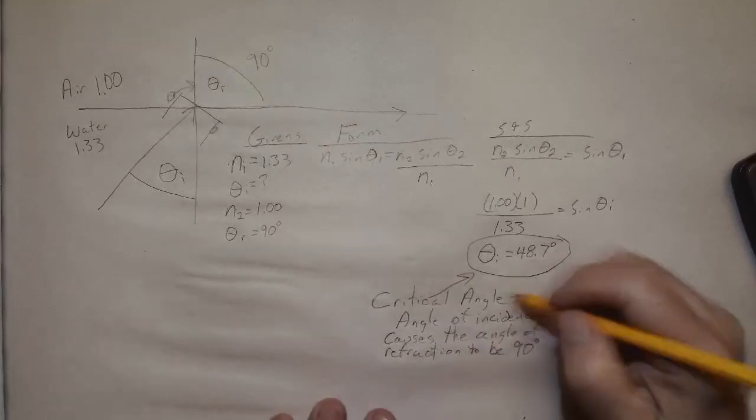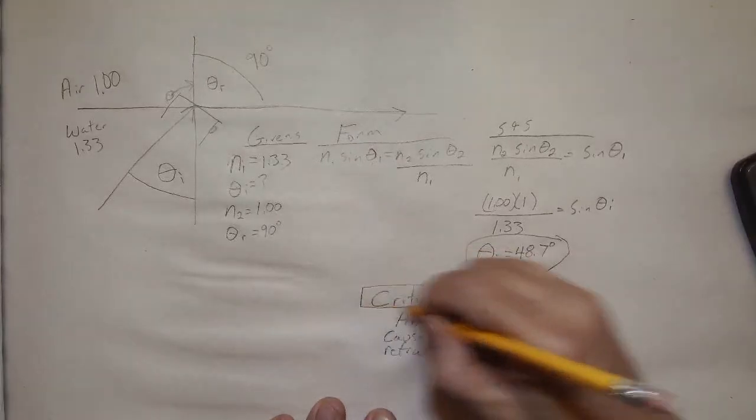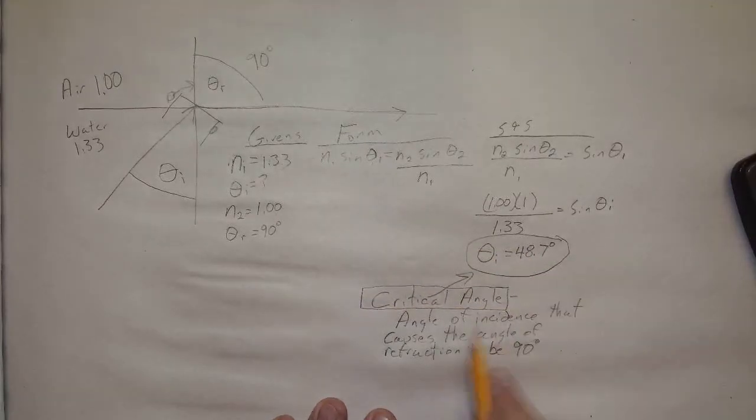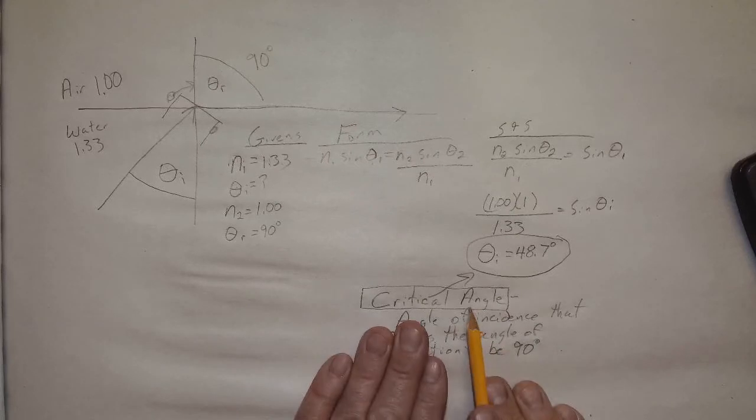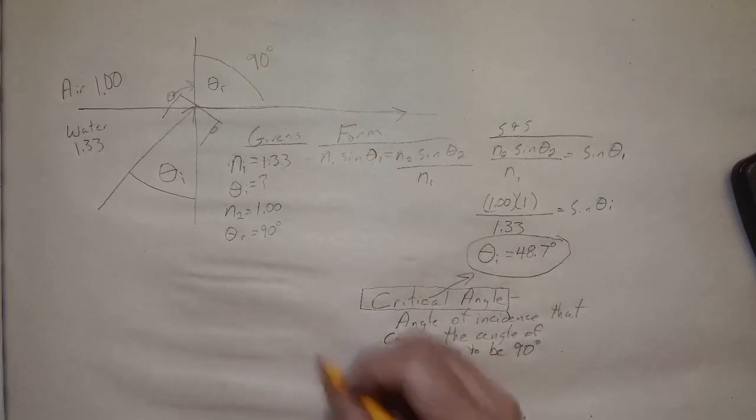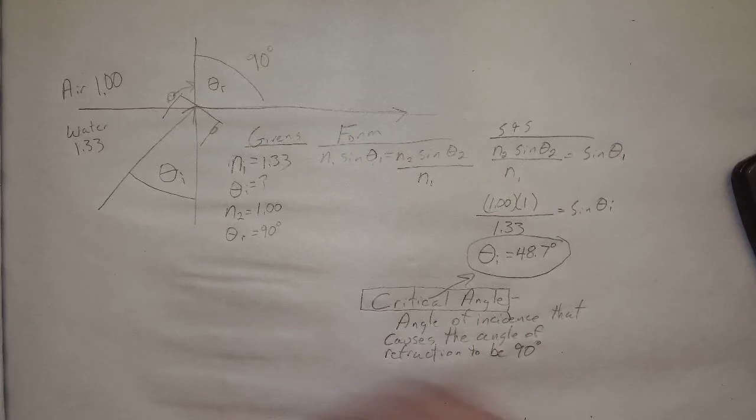Now, why is this so special? Why do we really care about the critical angle? Because I assure you, we really do. This is important. When you exceed the critical angle by any amount, you get a special event.